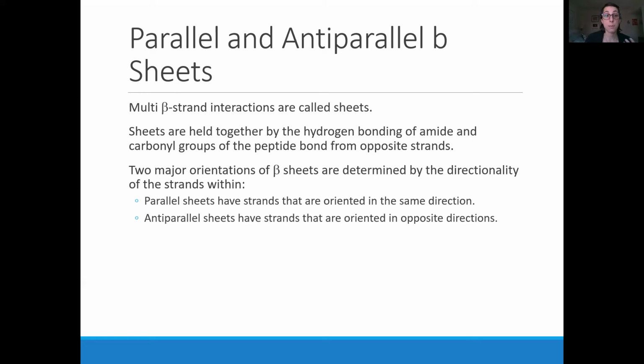These beta strands, which form sheets, can be oriented in two different ways, and that just depends on the direction of each of the strands next to each other. You can have parallel sheets in which the strands are oriented in the same direction, and then anti-parallel sheets where you have strands oriented in the opposite direction.